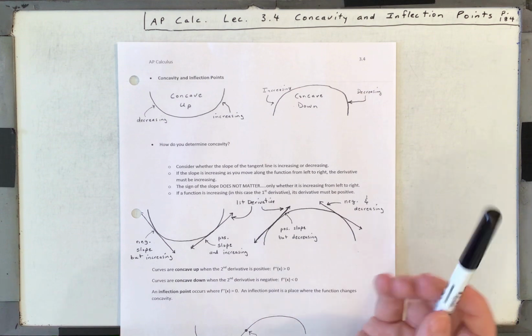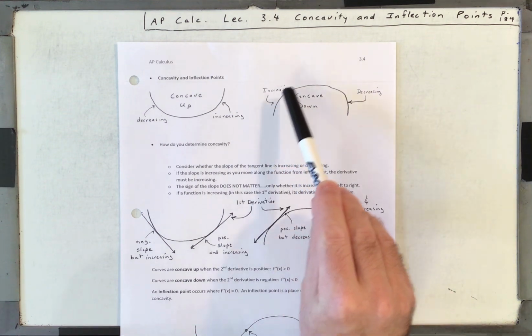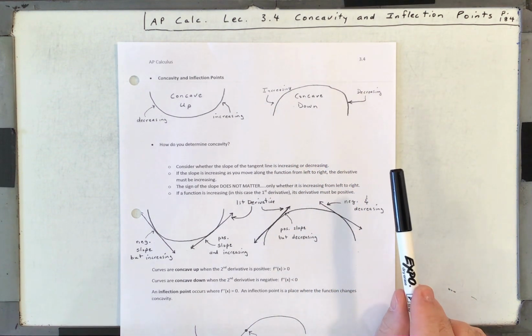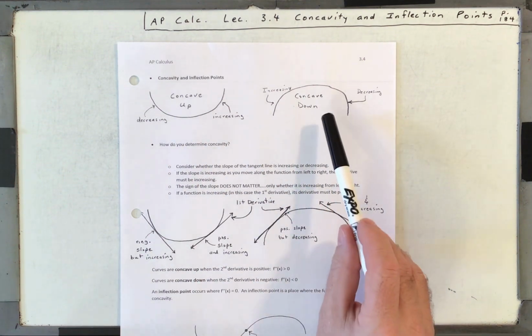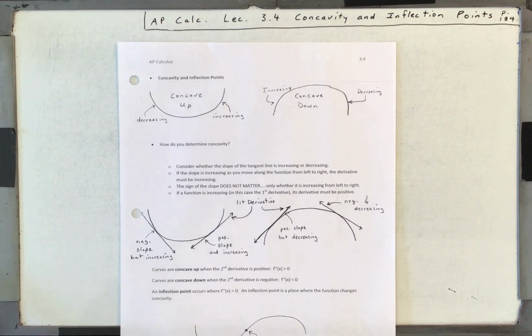For concave down, the function goes from increasing to decreasing. It's just the opposite of concave up, so think of it like an upside down bowl.